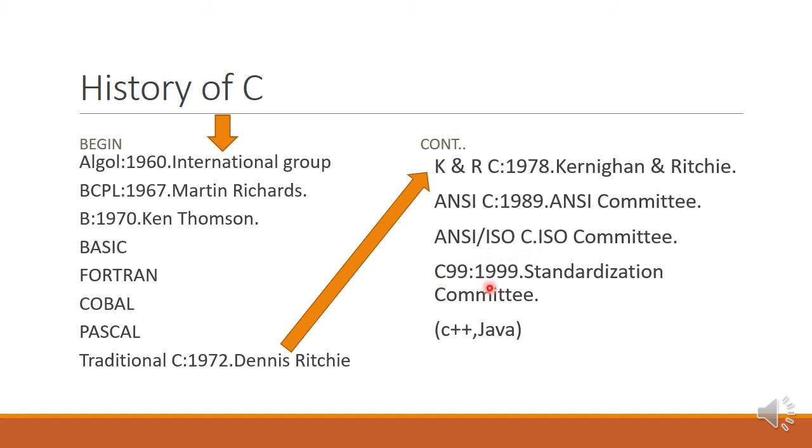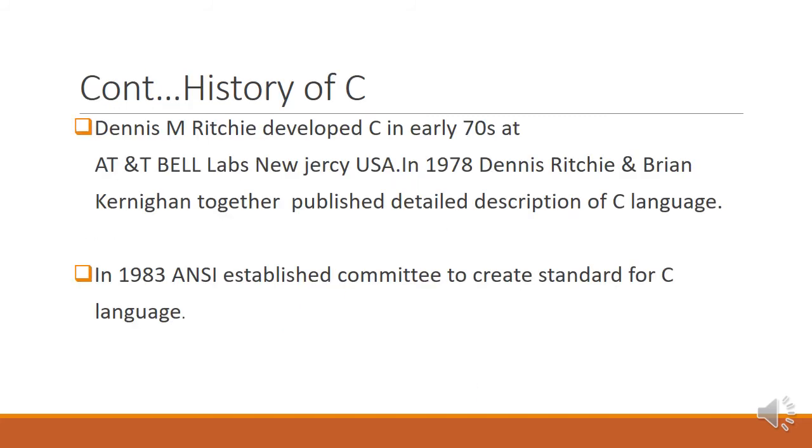And in 1999, once again the committee standardized C. Afterwards we get C++ and Java. This is some brief history about the C language. Now let us see in which laboratory C was introduced. We already learned that C was invented by Dennis M. Ritchie in the 1970s, and it was developed at AT&T Bell Labs, New Jersey, USA.